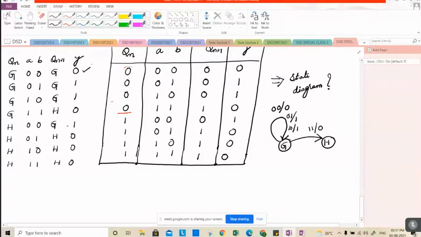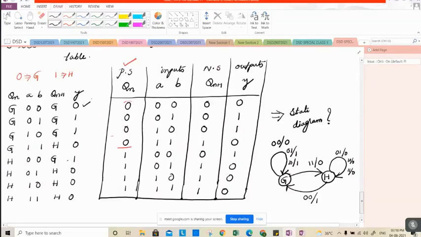Now if H is my present state and 0, 0 is the input, what is the next state? G. Right, 0, 0, output is 1. Then for the remaining cases, this is 0, 1 by 0, this is 1, 0 by 0, and it is 1, 1 by 0.